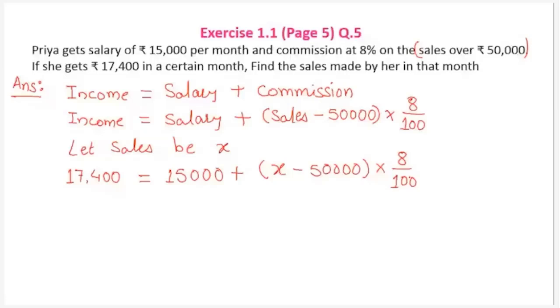Okay, let's continue with solving this. Let that 15,000 shift on this side. So it will be 17,400 minus 15,000 is equal to X multiplied by 8 upon 100, so it will be 8x upon 100, minus 50,000 into 8 upon 100.